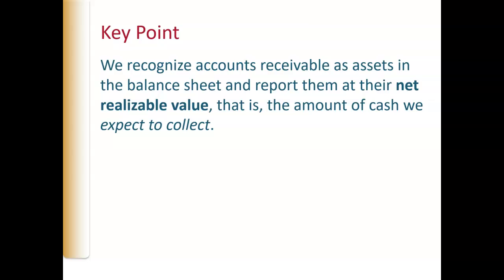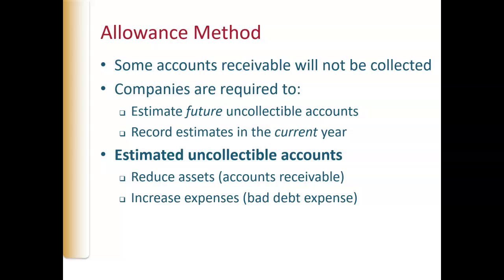We recognize accounts receivables as assets in the balance sheet, and we're going to report them at what we're going to learn is called their net realizable value. This is the amount we expect to receive, okay? So, some accounts receivable are not going to get collected. Companies are required to estimate, based on past history, their future uncollectible accounts. And we record the estimates in the current year.